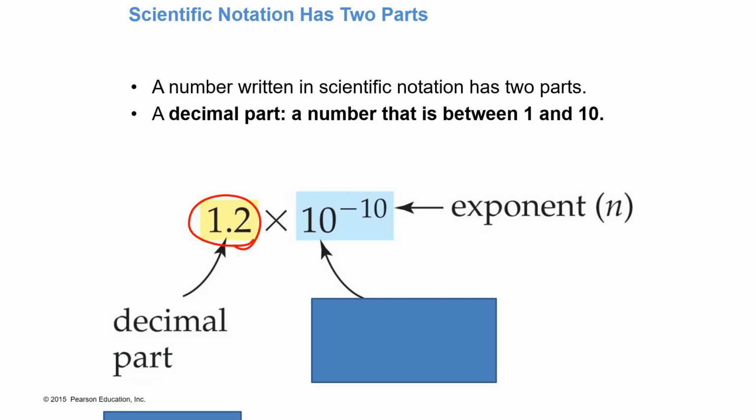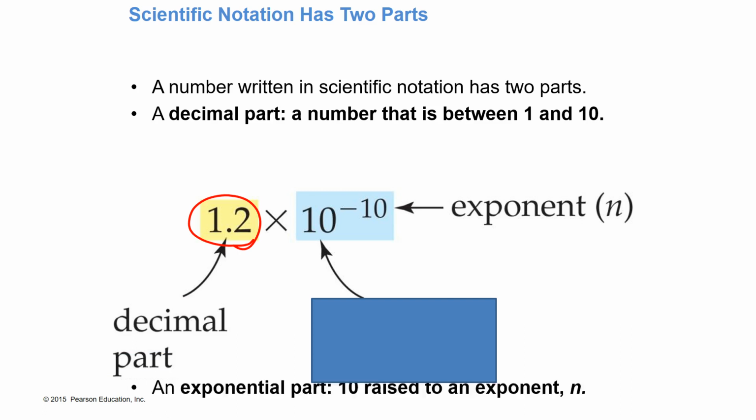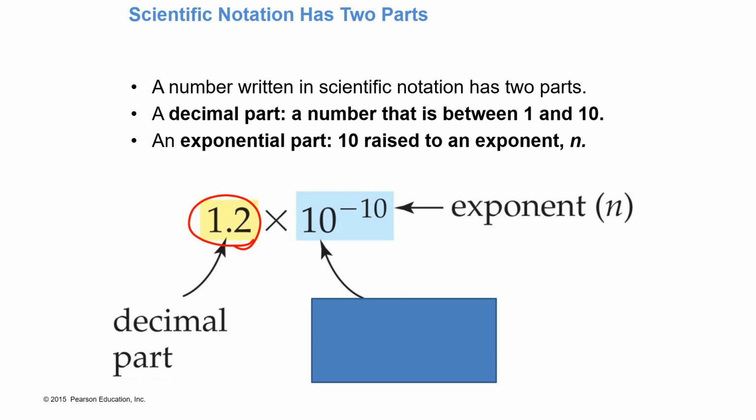And then the other part is we have the multiplier, or the exponential part. An exponential part is 10 raised to an exponent.